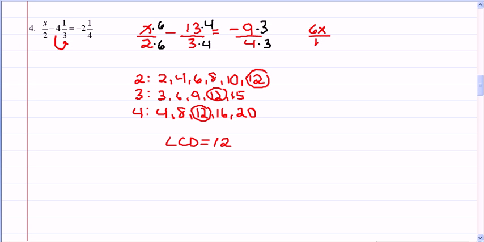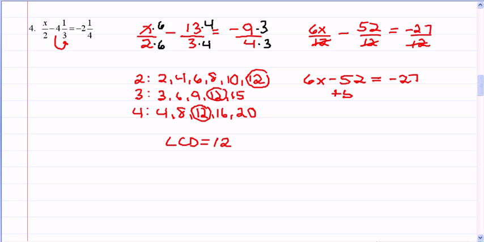So you have 6x over 12 minus 13 times 4 is 52 over 12 equals negative 27 over 12. And with all the denominators equal to 12, they cancel. And I can rewrite this as 6x minus 52 equals negative 27.